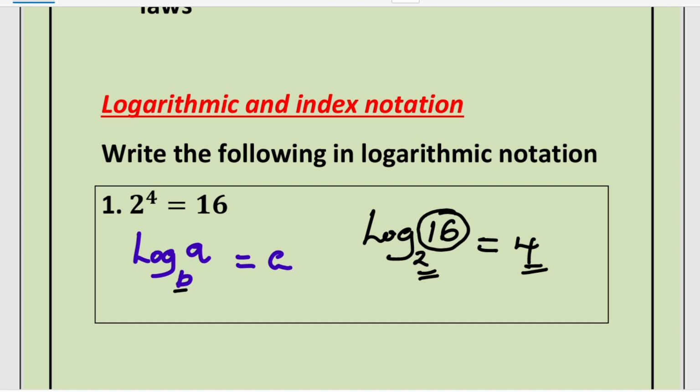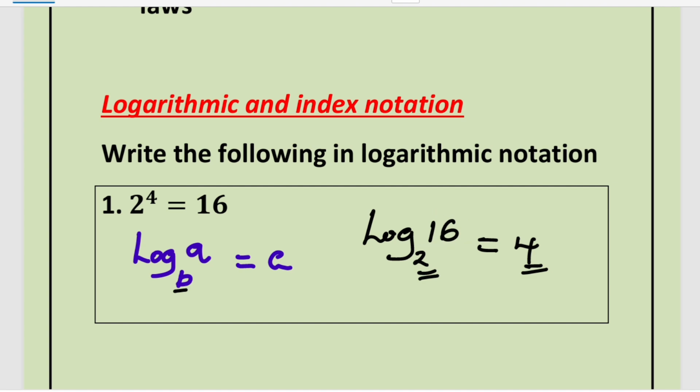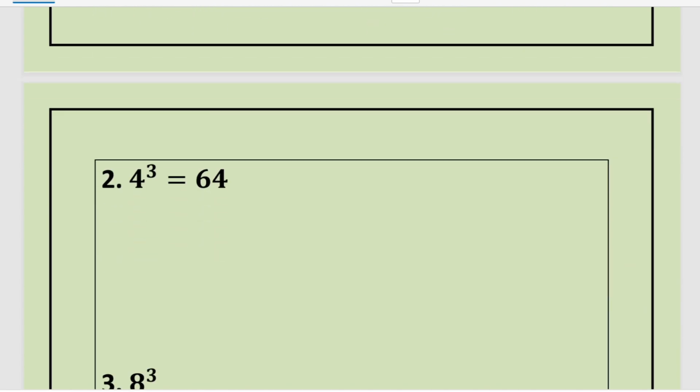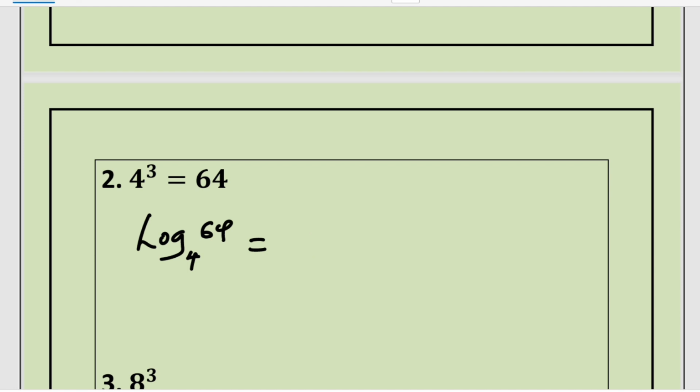Let's see the next example. 4 raised to power 3 is equal to 64. In logarithmic notation, we shall have log of 64 base 4 is equal to 3. So just note that the power that the base was raised will always be on the other side of the equal sign.